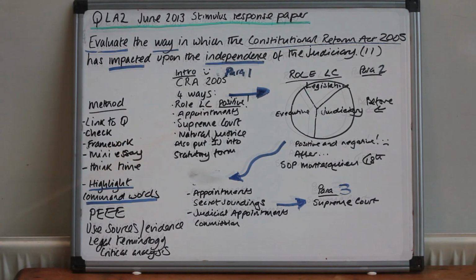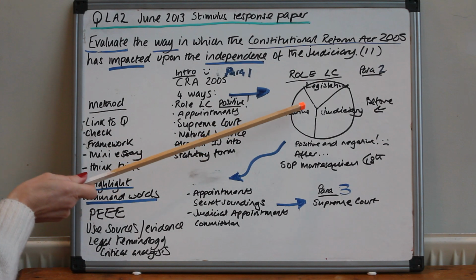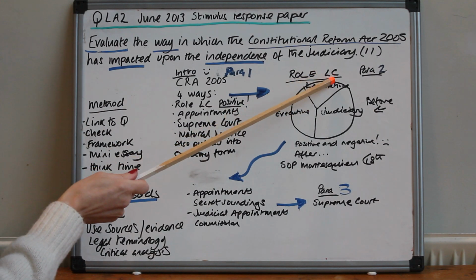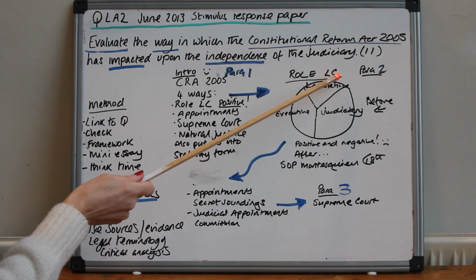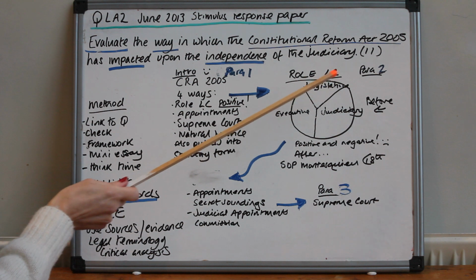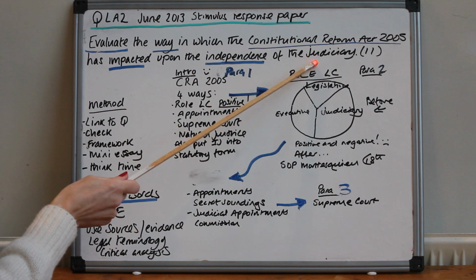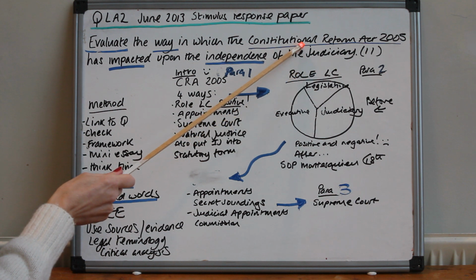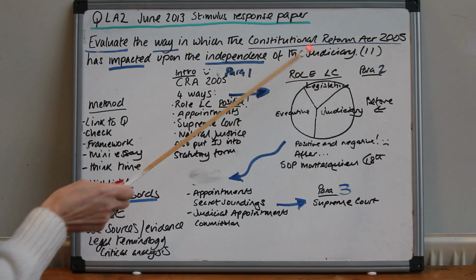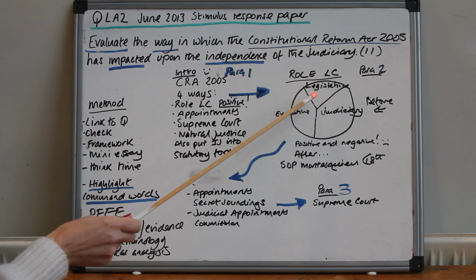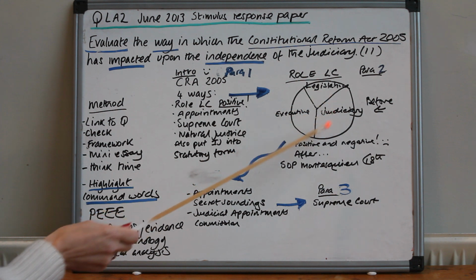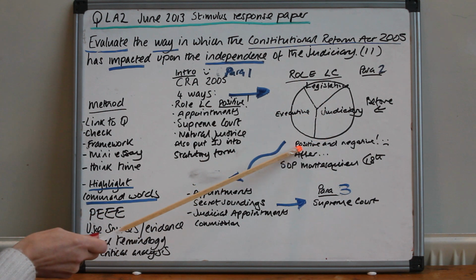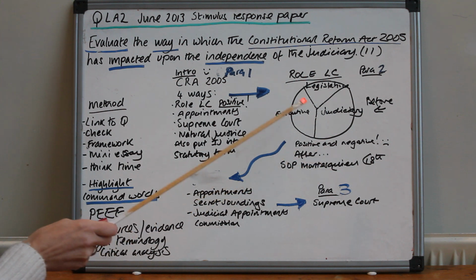Okay then, so now we're going to look at the role of the Lord Chancellor. Now the role of the Lord Chancellor threatened the independence of the judiciary because before the Constitutional Reform Act of 2005, the Lord Chancellor was in each of these different sections. Remember the separation of powers as advocated and put forward by Montesquieu.